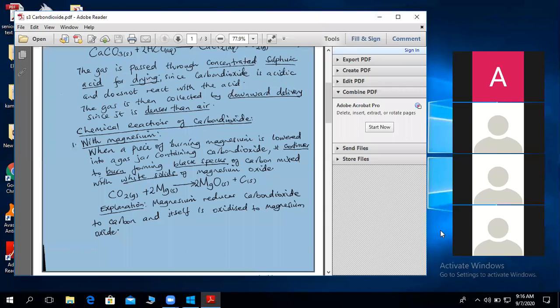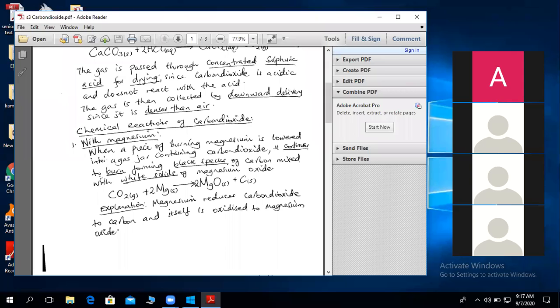First of all, we need to remember that carbon dioxide does not support burning. However, when a piece of burning magnesium is lowered in a gas jar of carbon dioxide, the magnesium continues burning.